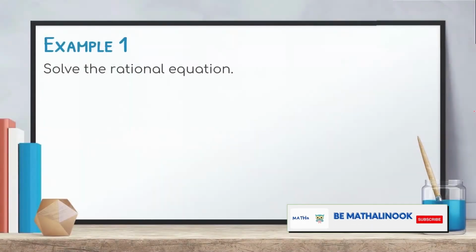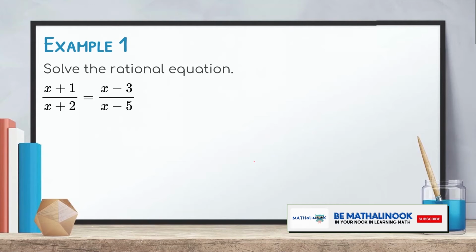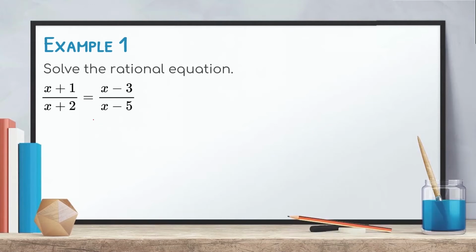Let us have an example. Solve the rational equation x plus 1 over x plus 2 equals x minus 3 over x minus 5. Notice that in this given, there is only one rational expression on both sides of the equation.